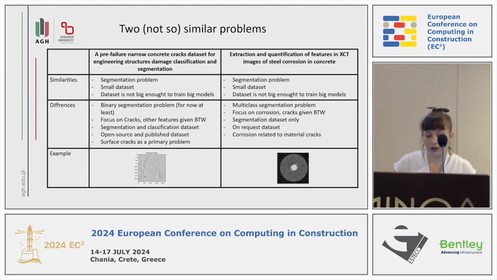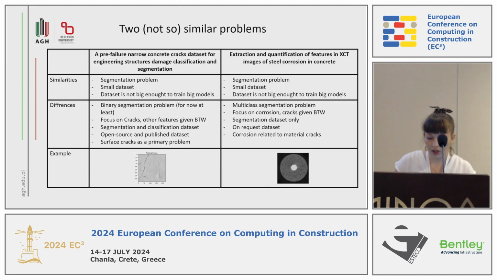You can download it from Zenodo. And the Chinese dataset is related to a multi-class segmentation problem, and it focuses on corrosion. It is only related to segmentation problems, and if you want to use it, you should send a request to the author. And the corrosion is related to material cracking.